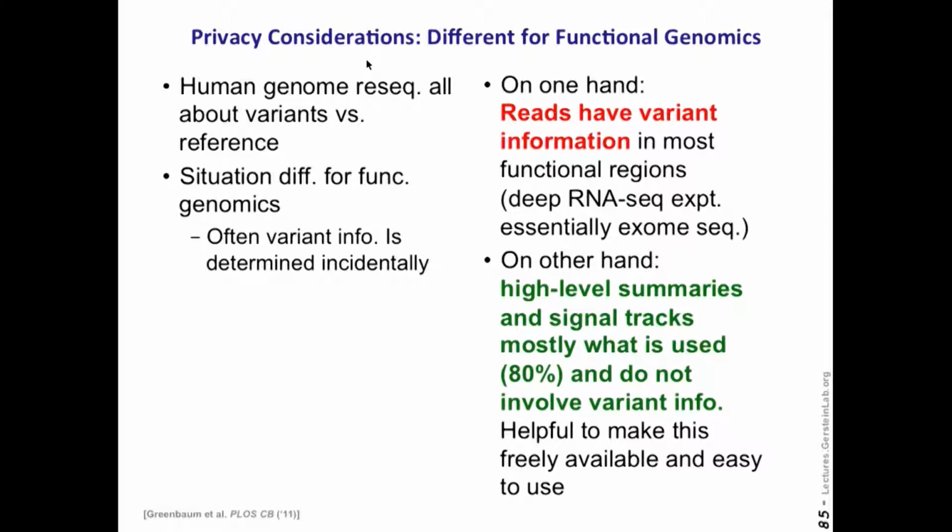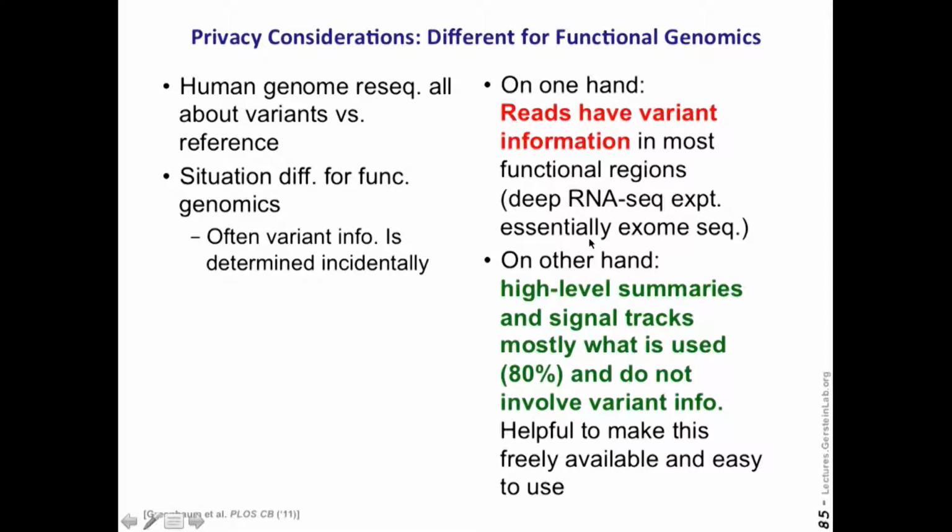Often you're interested in just the biology of transcription, or you're interested in the amount of binding to a particular region of the genome, and the variants that flow along with that experiment are incidental collateral damage. So on one hand, you kind of have decided that for most functional genomics experiments, people are actually very happy with the signal track, or a simplification of the experiment. And only for a small number of those experiments do people actually need the variant information.